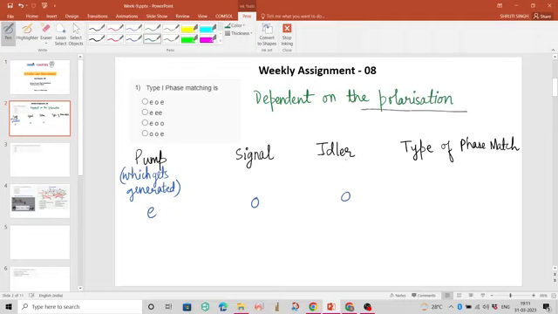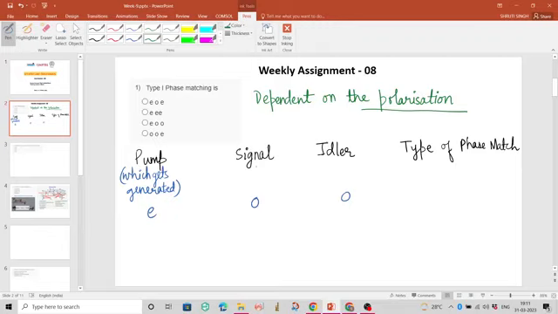So if the signal and idler are horizontally polarized, and the pump is E, in the last session I told you that E and O rays have perpendicular polarizations to each other. So if O is 0 degree polarized, then E will be 90 degree, right?